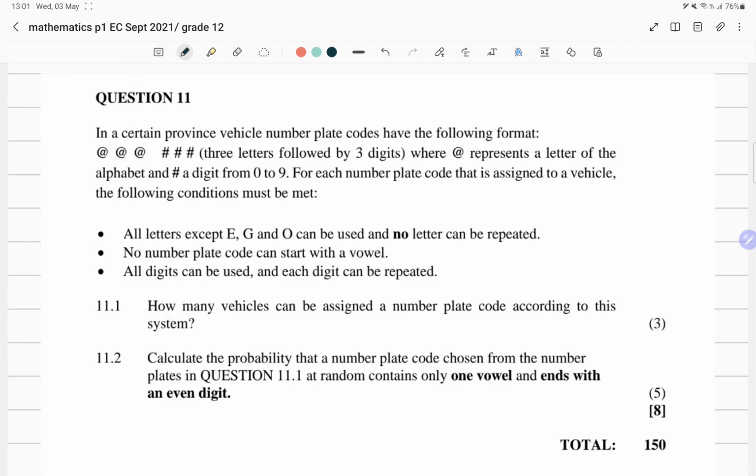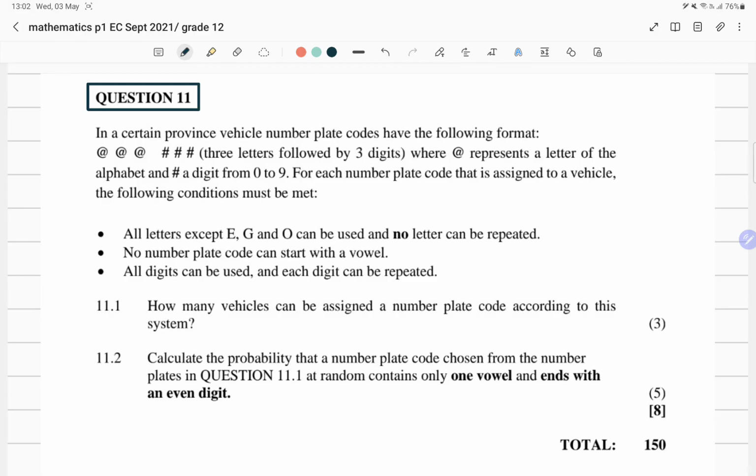Just a moment. All right, so question 11. Again, you know that one of the two is the fundamental counting principle, and the other one is just probabilities in general. So you'll always get a taste of the two. Now we're told in a certain province, vehicle number plate codes have the following format: AAA followed by three hashes.